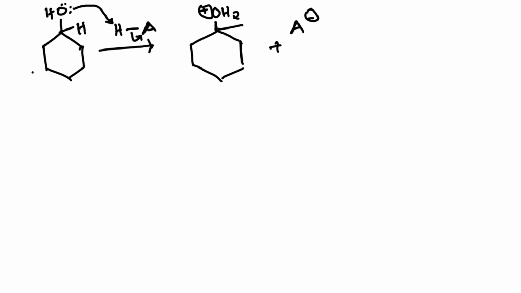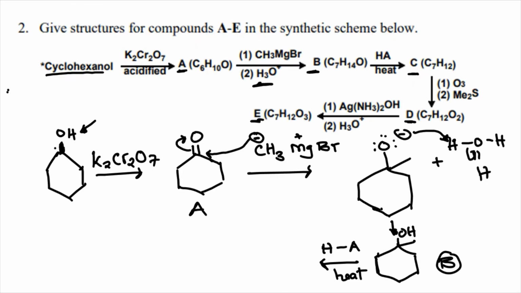This will undergo an elimination reaction. So this A will get this hydrogen, these electrons will fall there, and then this will be a good leaving group, so it's going to leave. So now the compound that you form is this one here. So this compound that is formed now is C.